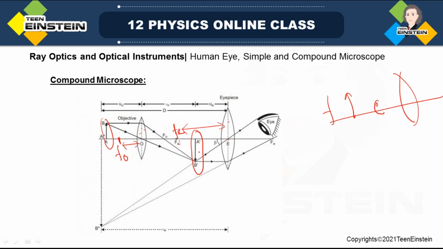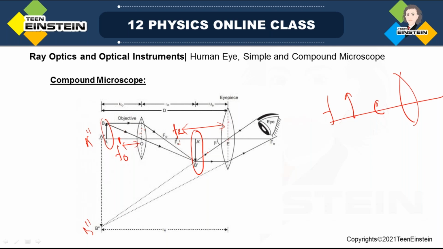Finally, the image of AB will be formed here somewhere. This is A double prime and B double prime, the enlarged image you will be able to see.